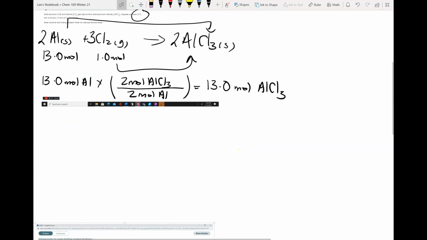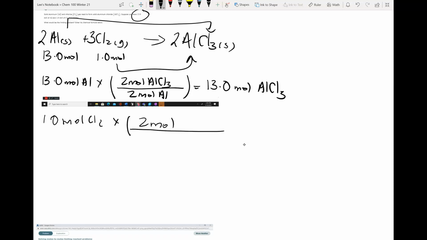Okay, now we're going to do the same for the Cl2. So I've got 10 mole of Cl2 times 2 mole of AlCl3, just from the 2 there, per 3 mole of Cl2. And so that cancels. And what am I left with? 10 times 2 on 3.